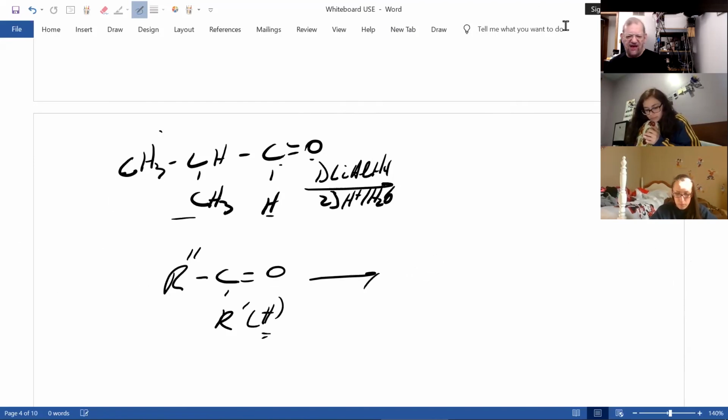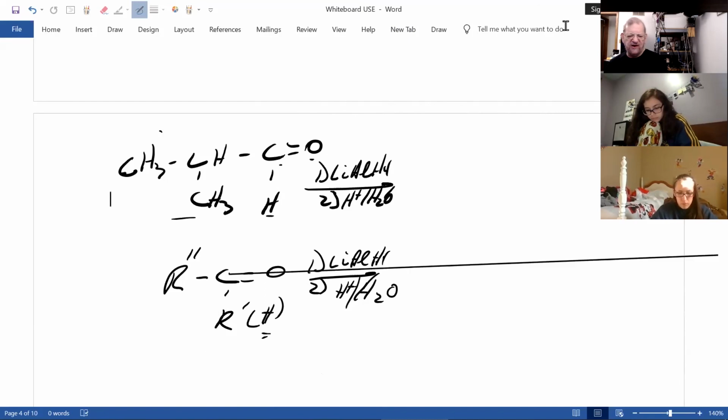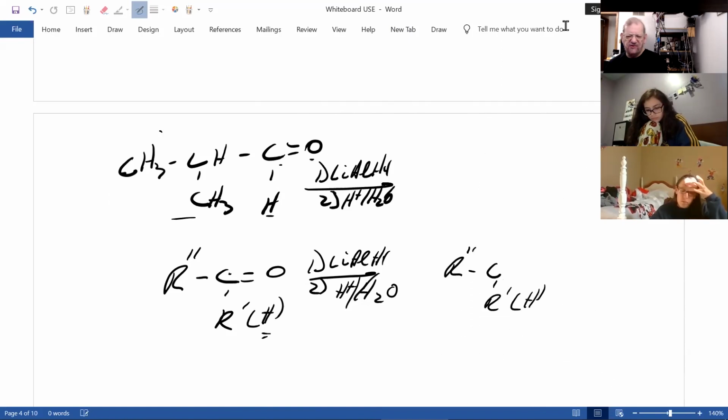If I react that with lithium aluminum hydride, second step, acid and water. What's attached to the carbonyl carbon is still attached. Break the pi bond, and each atom gets a hydrogen.